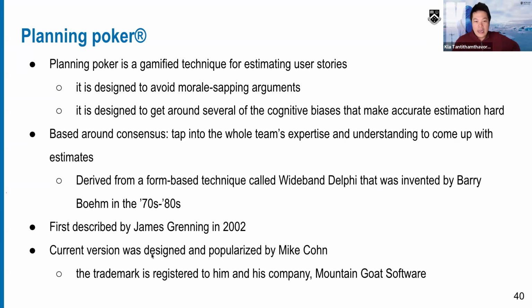He is one of the legendary professors in software engineering, and at the time he pioneered lots of research around effort estimation and things like that. Anyway, planning poker was first described by James Grenning in 2002, and the current version was designed and popularized by Mike Cohn.